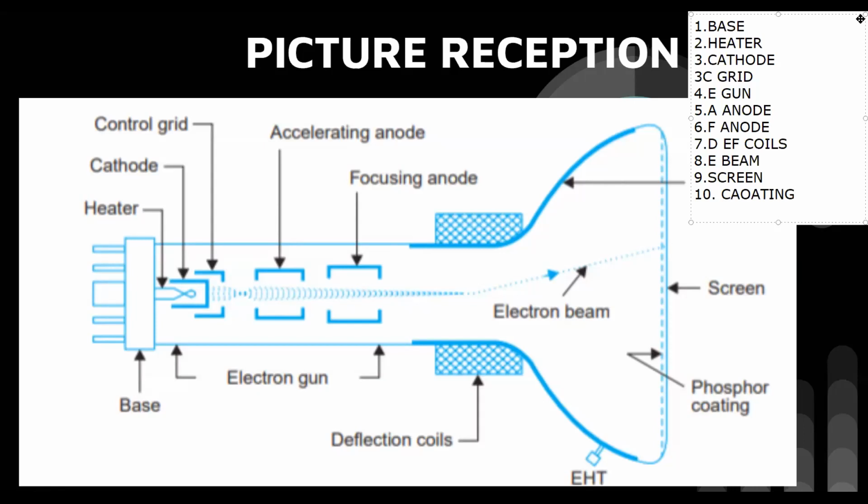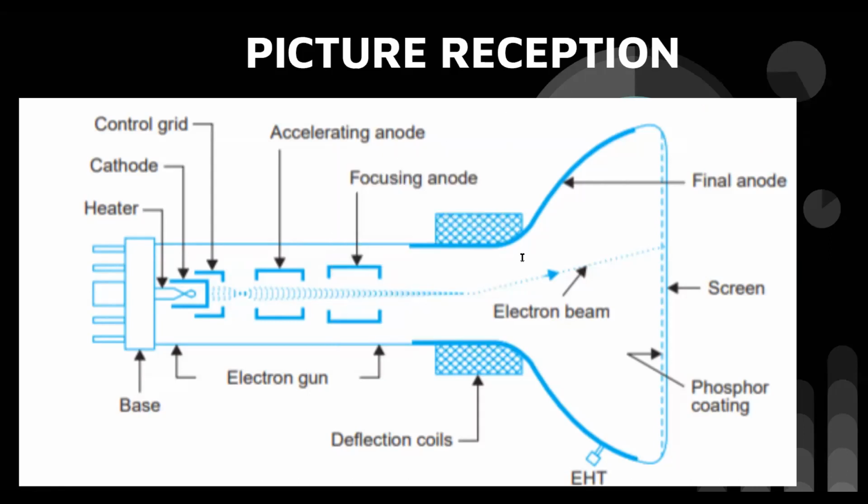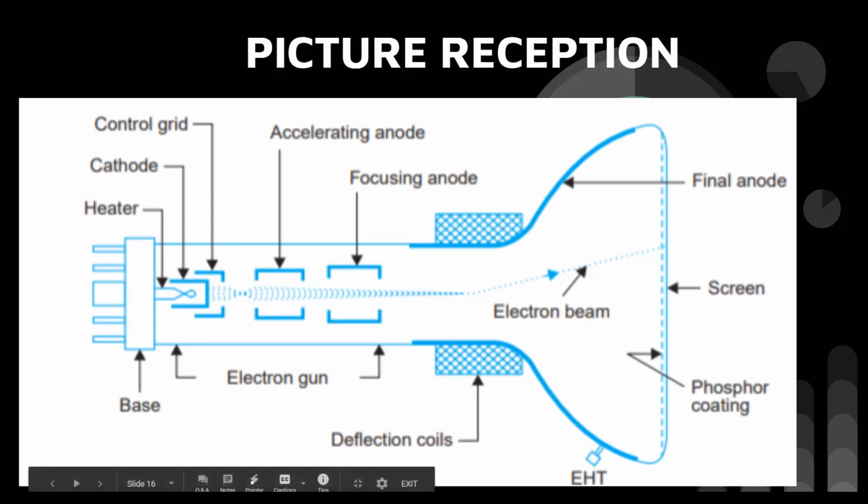These are the building blocks: base material, heater, cathode, control grid, electron gun, accelerating anodes, focusing anodes. We are in fourth year, so no extra explanation is needed. You are familiar with how the deflection coils work. All okay.